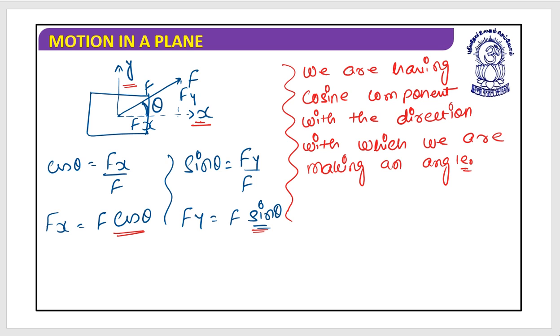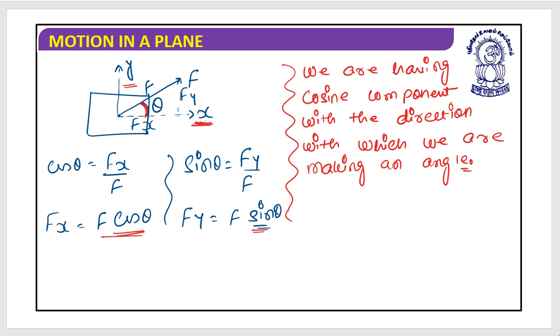Do you understand this? We must have a cosine component with the direction with which we are making an angle. Here I am making an angle theta with the x-axis, so I must have Fx equal to F cos theta.